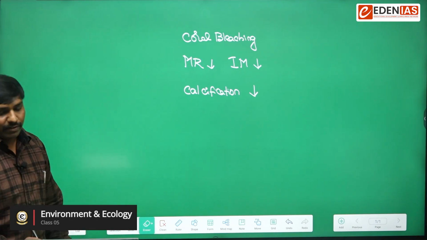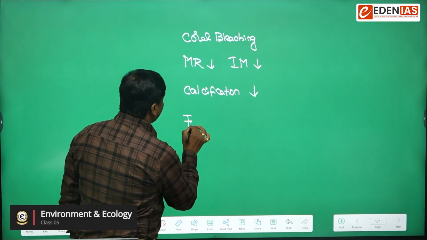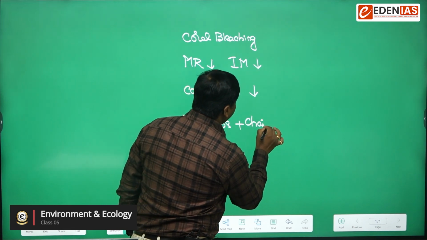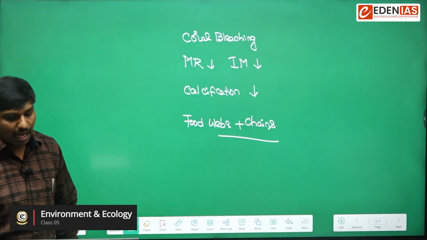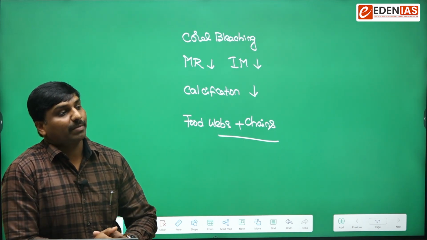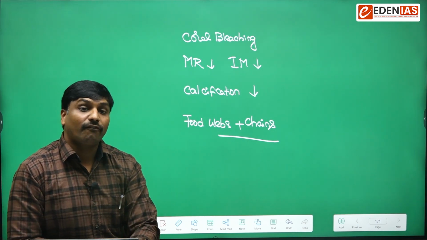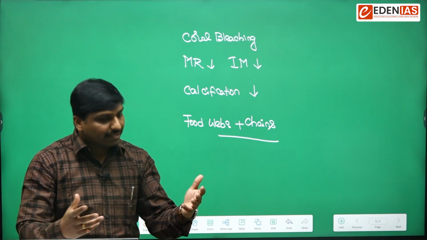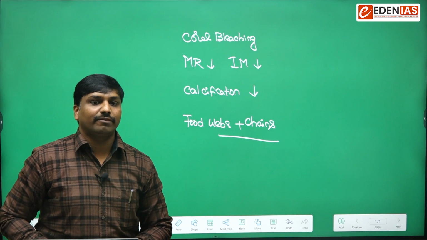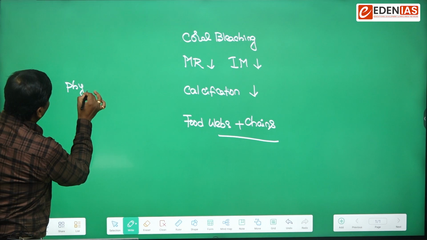Then, apart from this, there would be disruption with respect to food chains and food webs. How and why would they be disrupted? Ocean acidification largely impacts the phytoplanktons due to increased acidity of the oceans. Phytoplanktons are the first organisms that will be affected by this process.